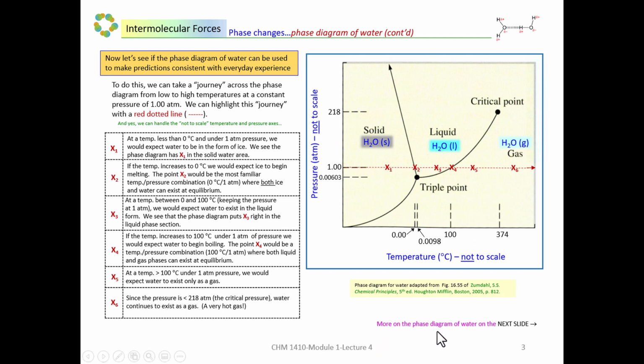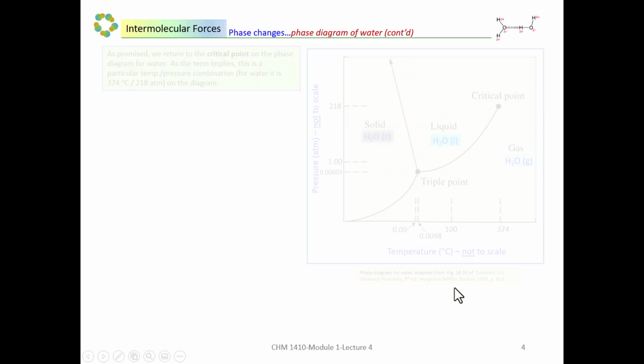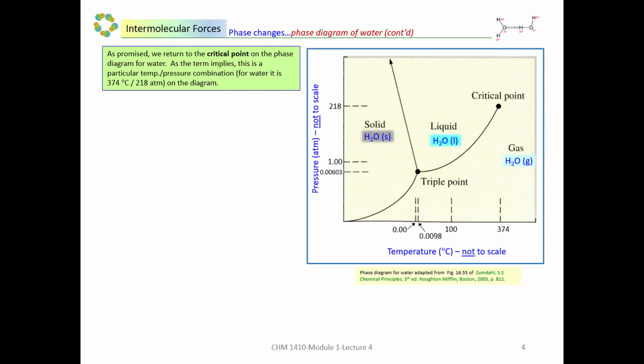Now let's look at more on this phase diagram on the next slide. As promised, we want to return to discussing the critical point on this diagram and some details about that. As the term implies, the critical point is the particular temperature and pressure combination marked on this diagram.